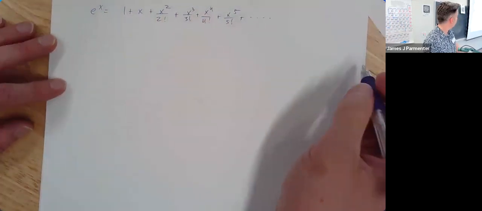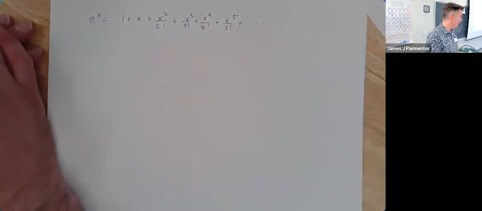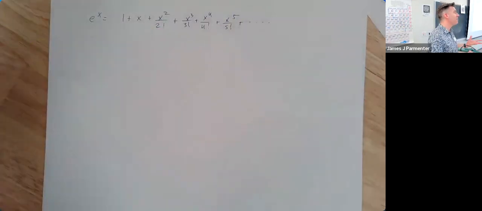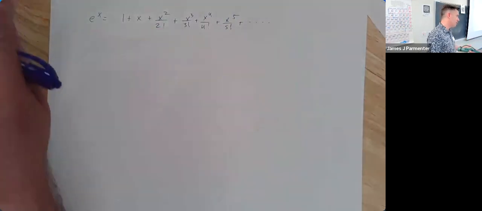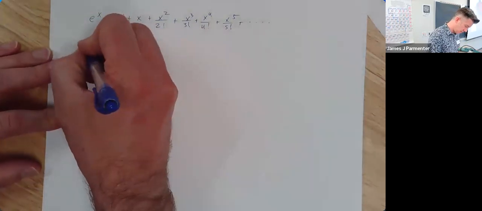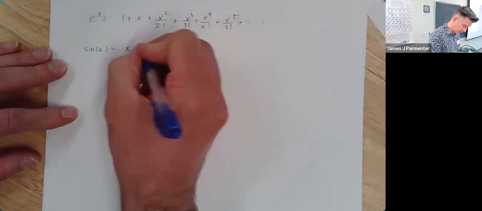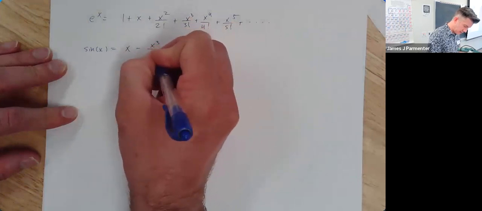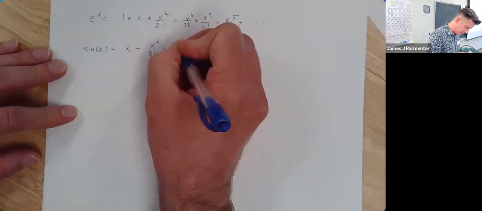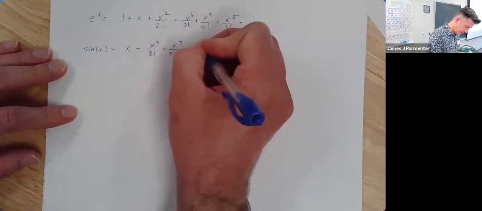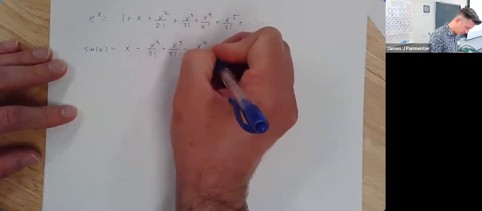And then sine of x is just the odd terms, and cosine of x is just the even terms, except we have to alternate signs. So sine of x: there's the odd term, take that one but change it to negative, take that one, leave it positive, the next one will be negative, and so on.